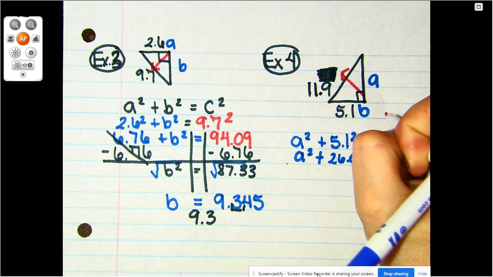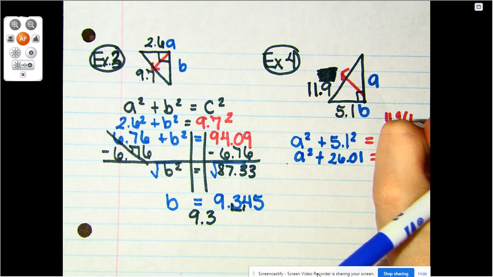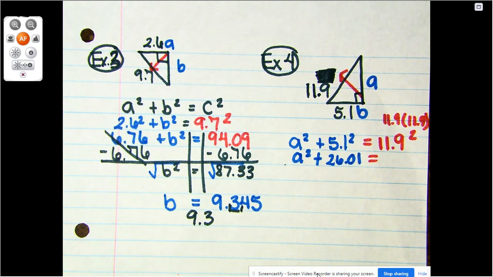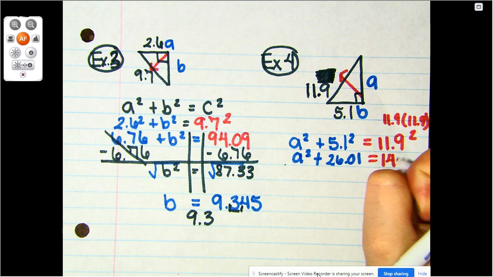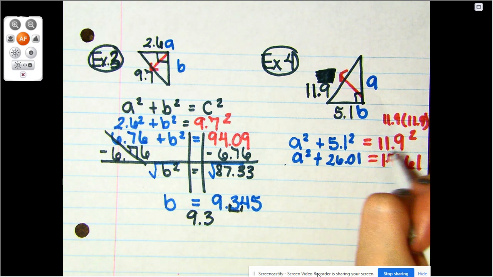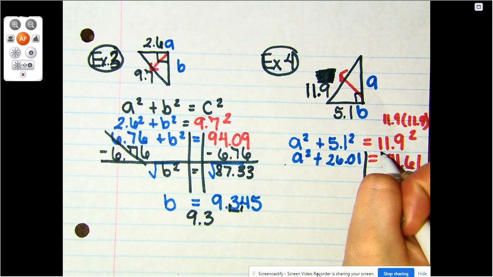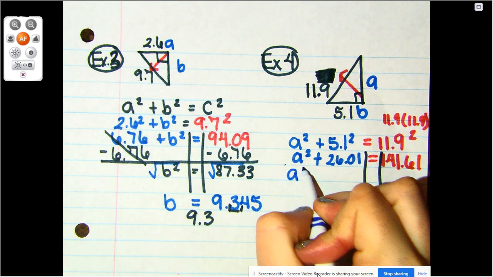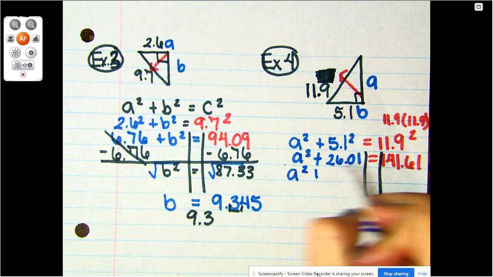Again, squaring something is you are multiplying that number by itself. So what I mean by that is 11.9 times 11.9. Make sure you're squaring it, or multiplying it by itself. That number is 141.61. Okay, from here, we got to start solving our equation now that I have squared the numbers that I can. I am still left with a squared because that's a variable and does not have a value to it yet.